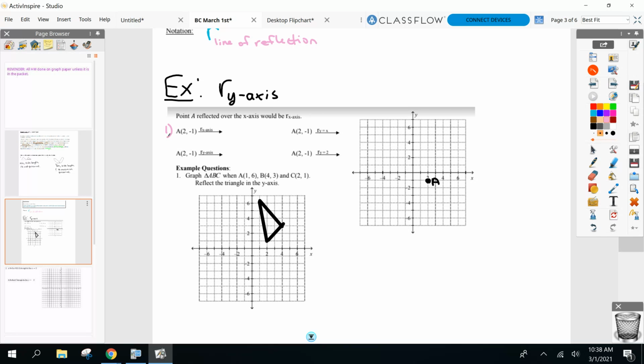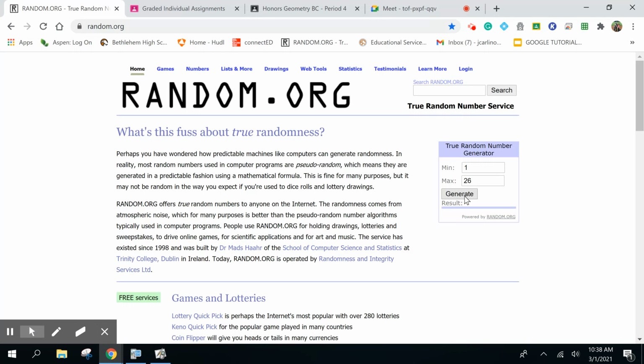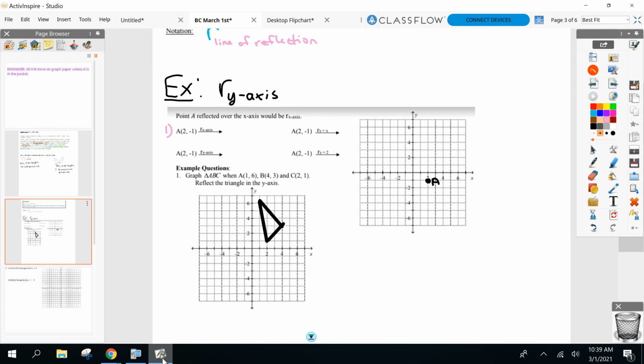So how many units is A away from the x-axis right now? Ellie, how many units is A from the x-axis? 1. So that means when you reflect it, you should also keep the distance the same and go 1 unit away from the x-axis in the other direction. 1 unit away. So there's its reflection right here.